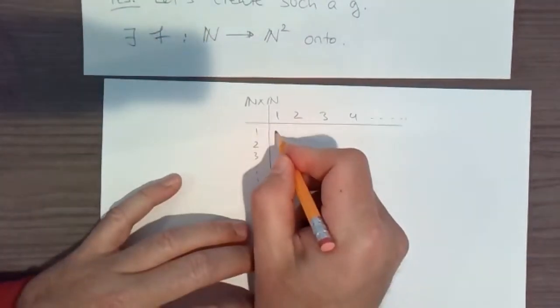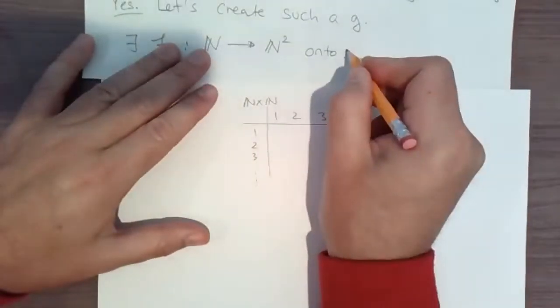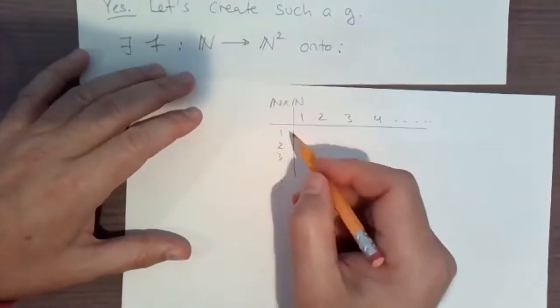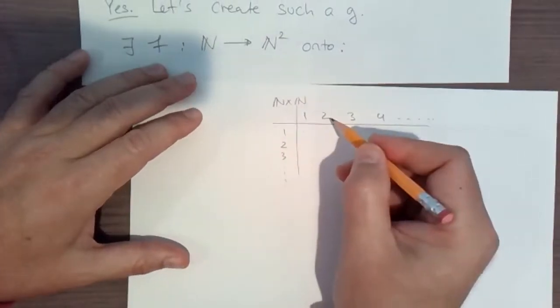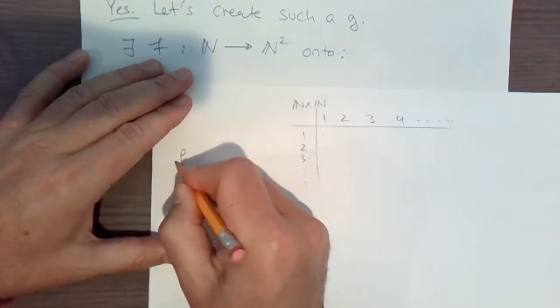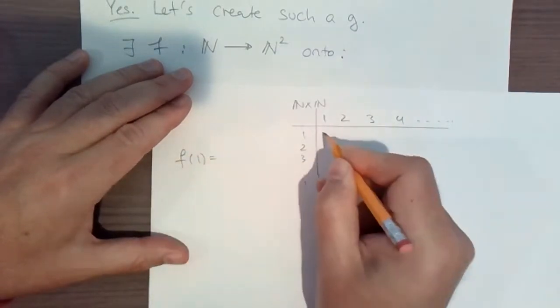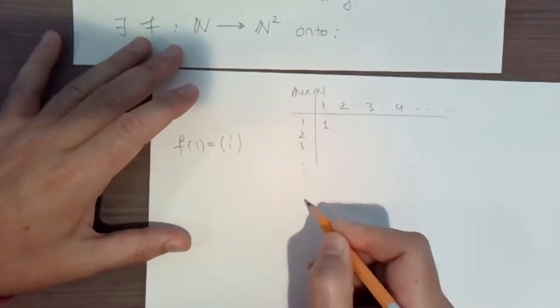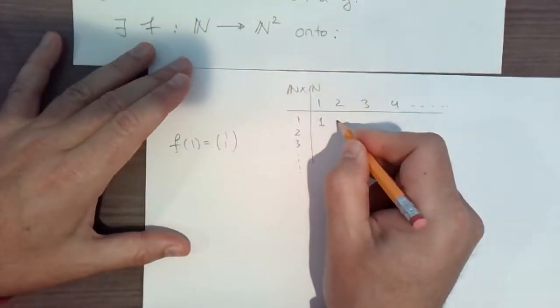So what could get mapped into (1,1)? So I want f of 1 to give me (1,1). What could I put here?